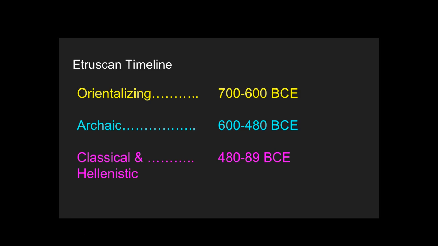Oh, the dates are a little different here. So your book says 700 to 600 BC, so that's where we're going to go. In the 7th century they traded with Mesopotamians, so that inspired the Etruscans to use monsters and other Orientalizing motifs in their funerary goods. So we see influences of Mesopotamia there.